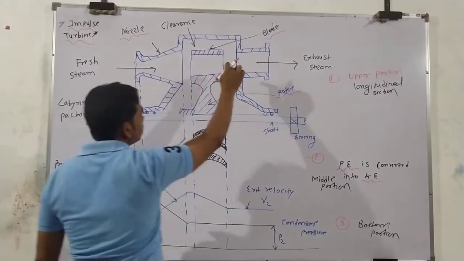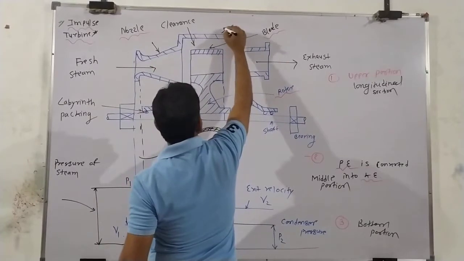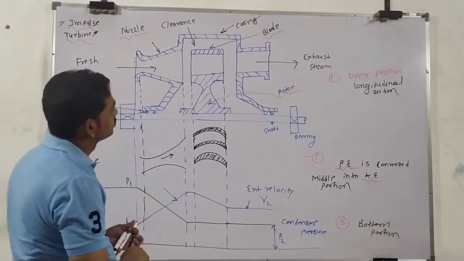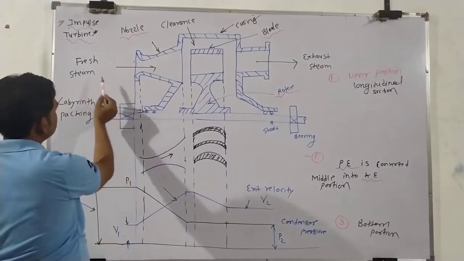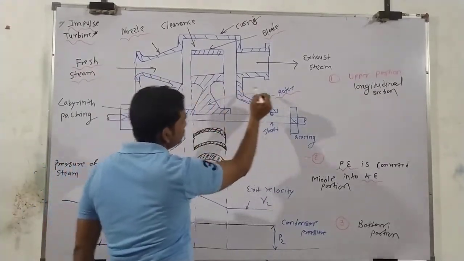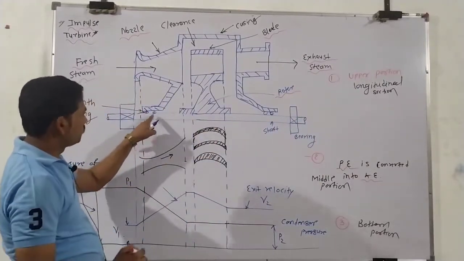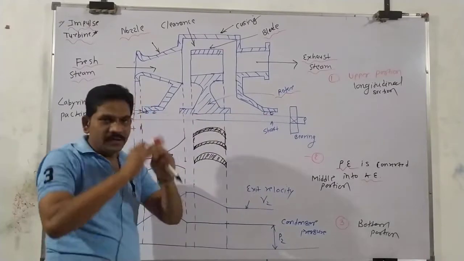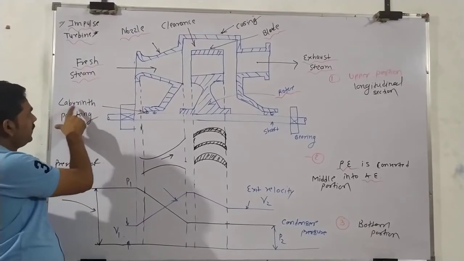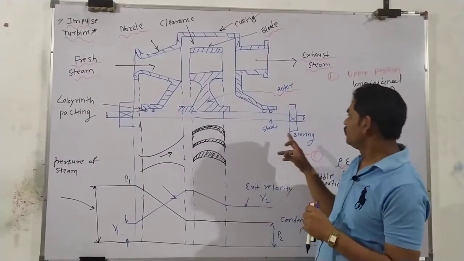This outer part is called the casing of the impulse turbine. Then the fresh steam enters the nozzle, and this is the exhaust of the steam. In this complete assembly, labyrinth packing is provided over the shaft.